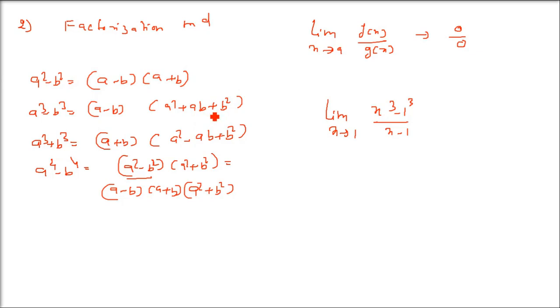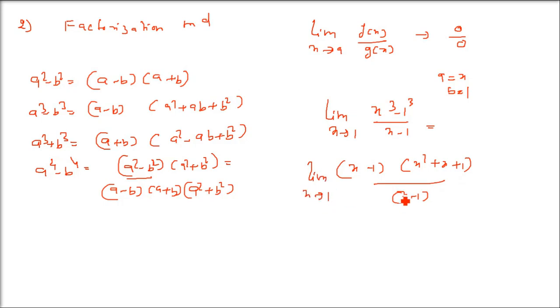B is what here? 1. So let's use this formula. A is x and b is 1. So just put it here. (x minus 1)(x square plus x plus 1) divided by (x minus 1). Now limit is x tends to 1.